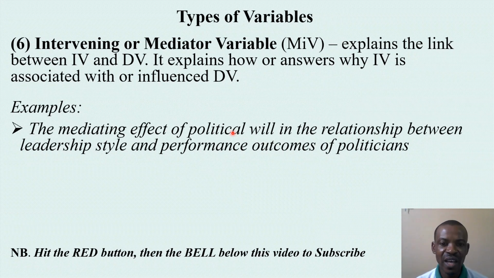What we're saying here is that political will could be used to explain how a political leader's style has effects on his or her performance outcome. So this is telling you that political will is the mediator or the intervening variable, leadership style is the independent variable, and performance outcome is the dependent variable.